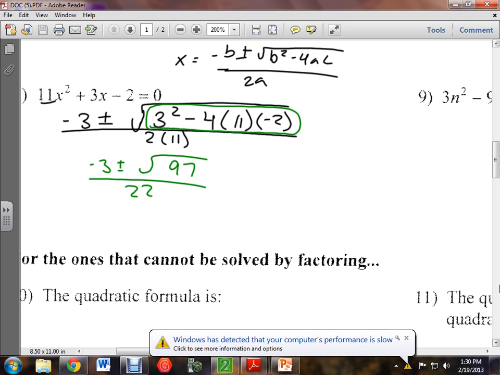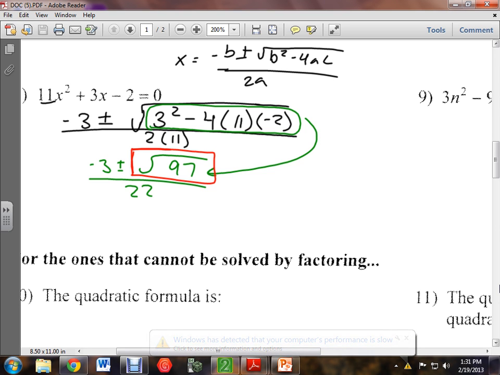So the number on the inside of the square root is 97. Now, what is the square root of 97 approximately? 9.84. You use the calculator for that, I assume. Yeah, that's fine. Negative 3 plus or minus 9.84 all over 22. I was going to guess 9.8, so it's good that your calculator confirmed that.